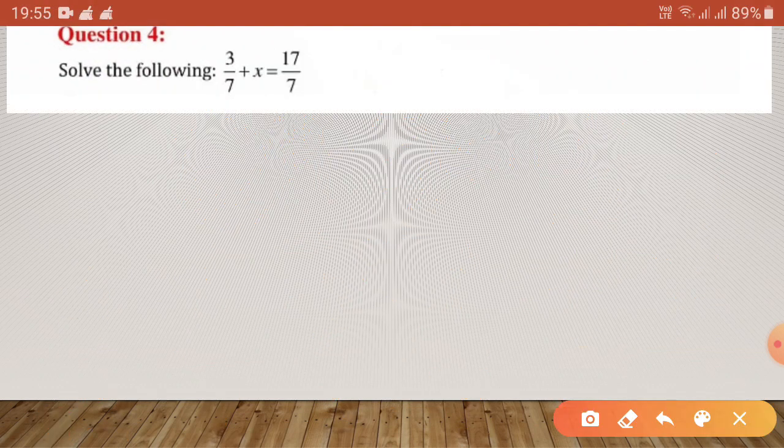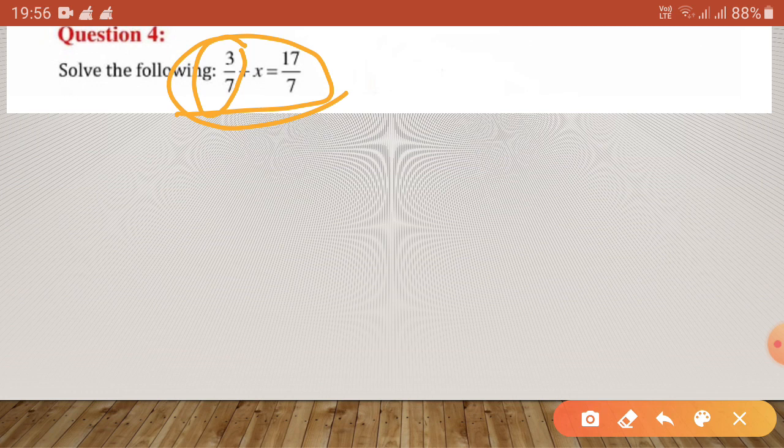Here the question is 3 by 7 plus x equal to 17 by 7. The equation is very clear. Here we have 3 by 7 added with x on the left side, so our first aim is to minimize this value.